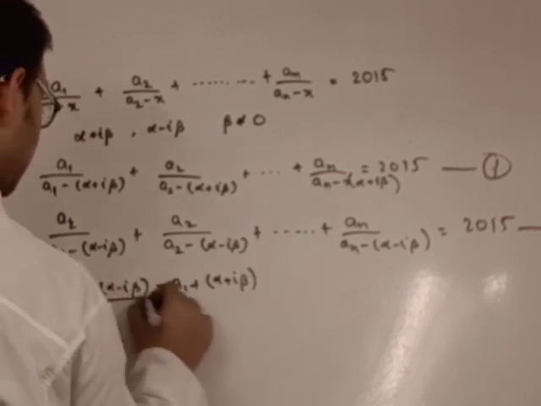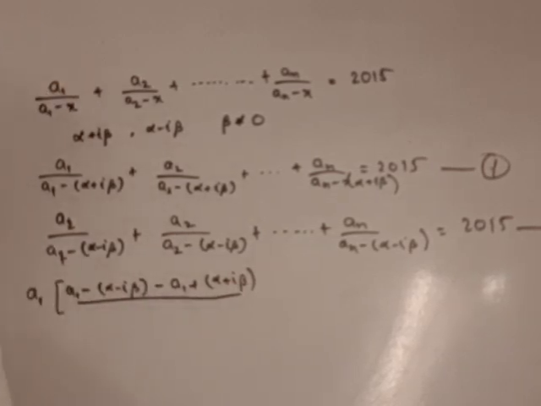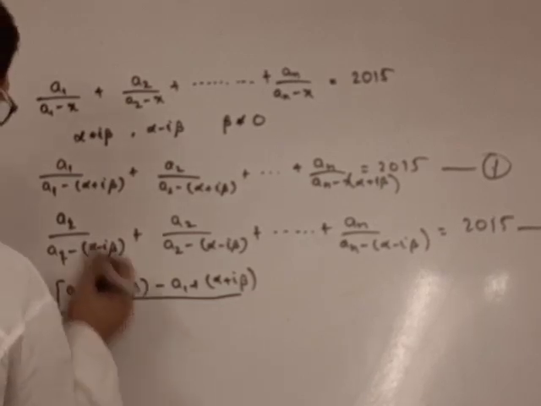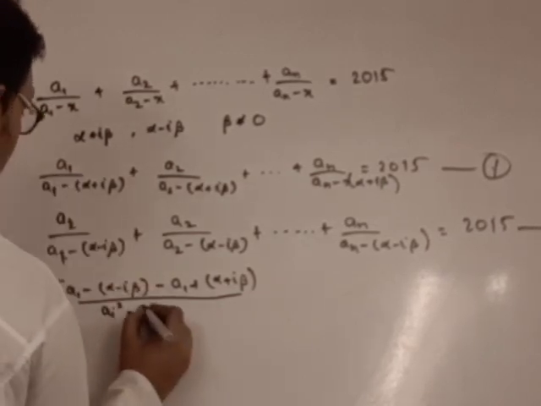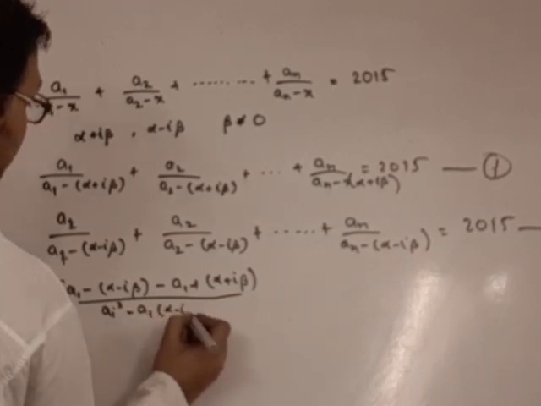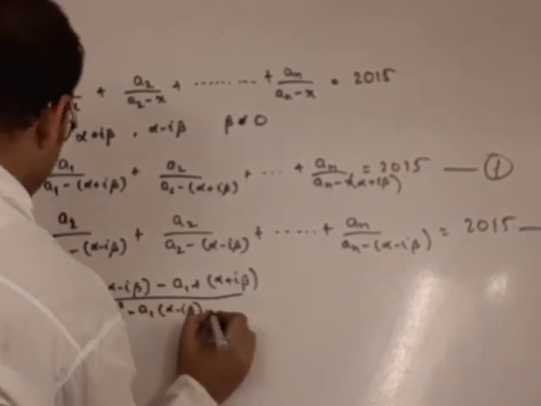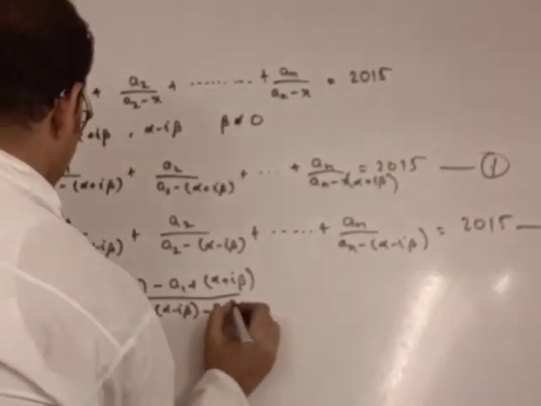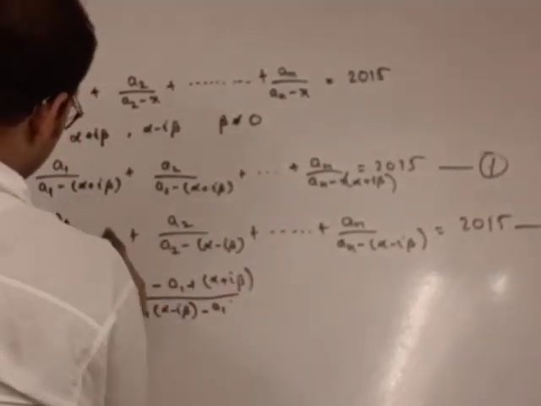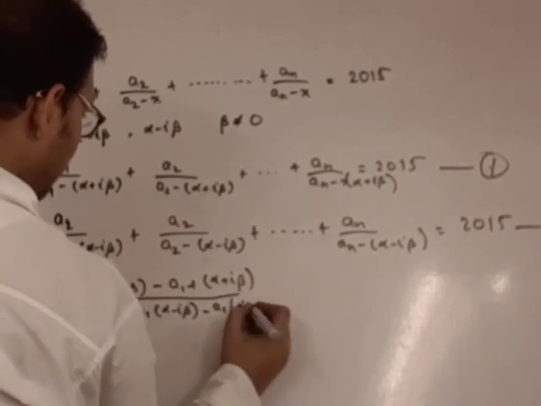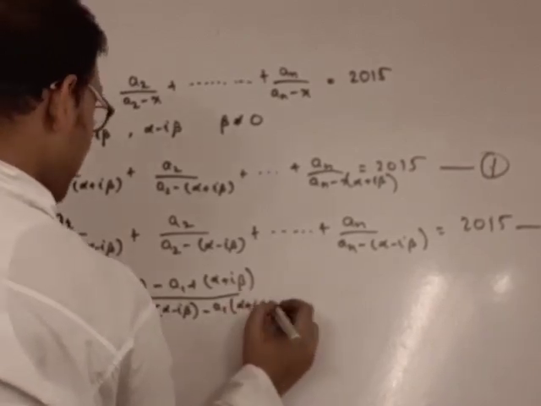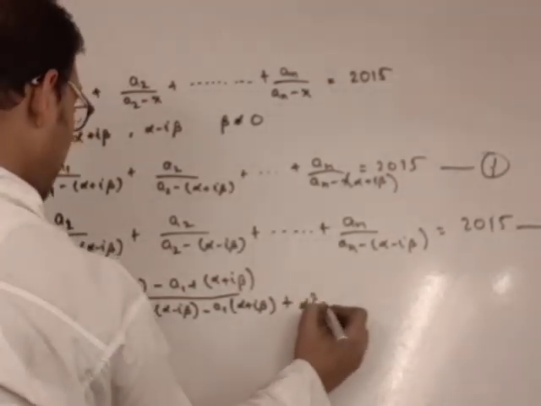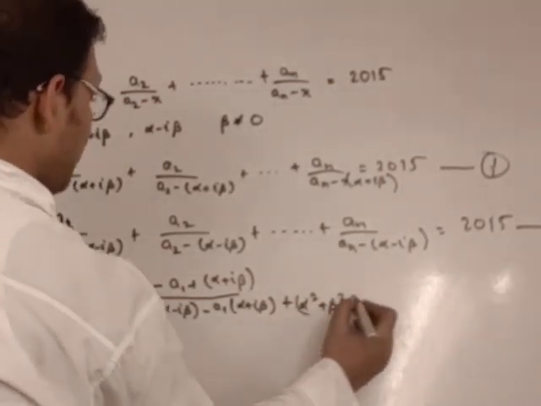terms like this, and the down term becomes a1 square minus a1 into alpha minus iota beta minus a1. So a1 square, a1 into alpha plus iota beta, plus alpha square plus beta square.